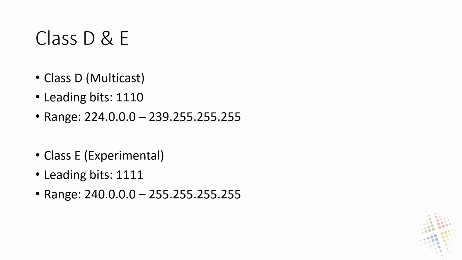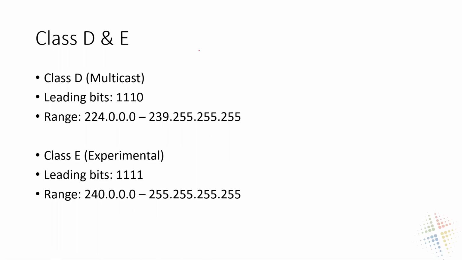So instead of having a one-on-one conversation, which would be referred to as a unicast, unicast, think unicycle. Instead of having a one-on-one unicast conversation, I can have a one-to-many multicast conversation. In this case, the leading bits are 1110, which gives me a range of 224 through 239.